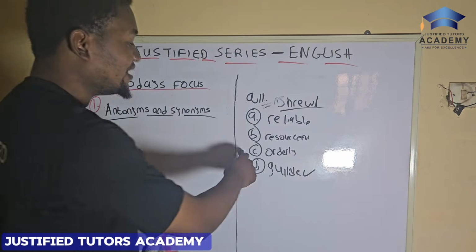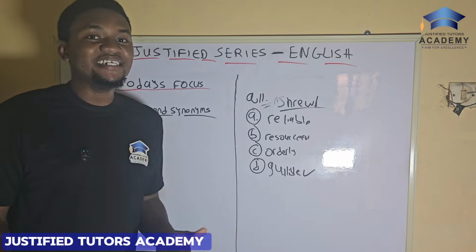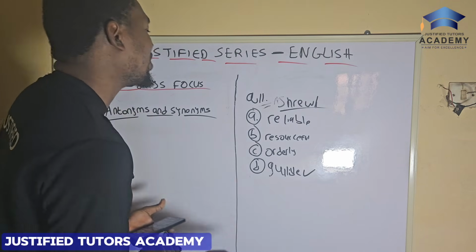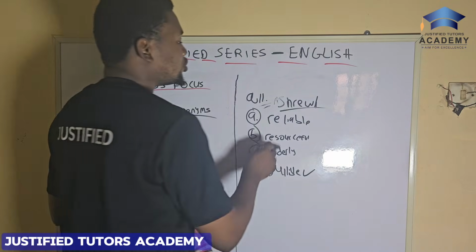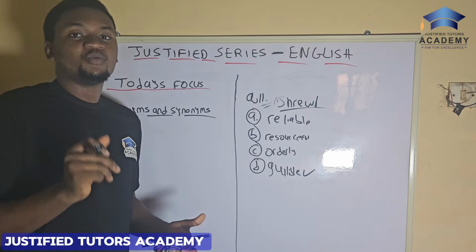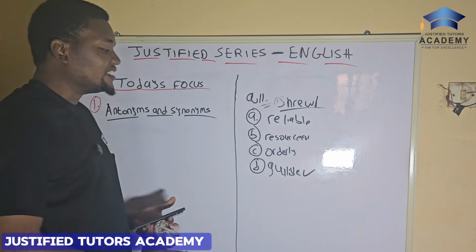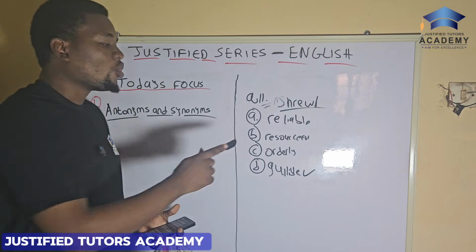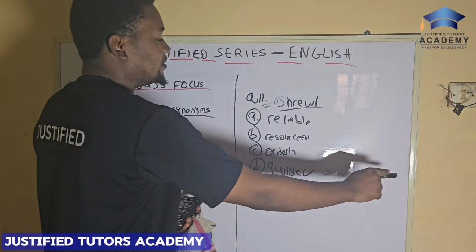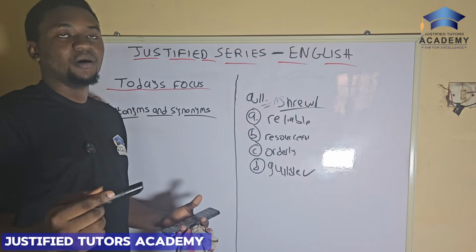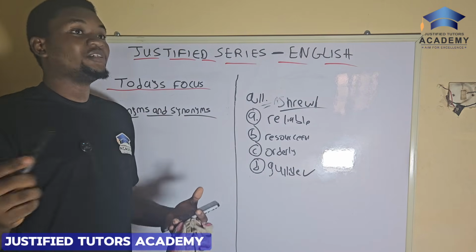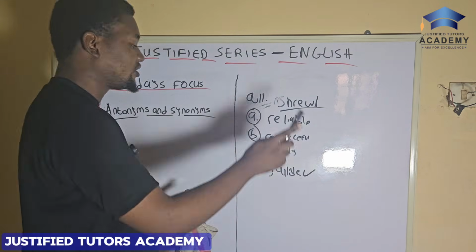Orderly here means being neat, being organized, still not the opposite meaning to shred. The only one that is opposite meaning to shred is gullible, because gullible means to be easily deceived.